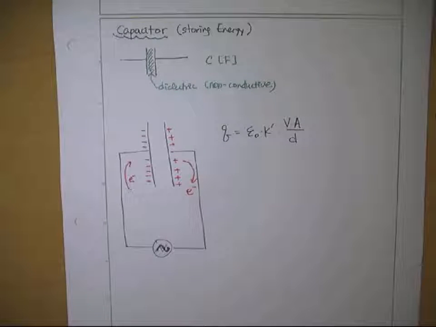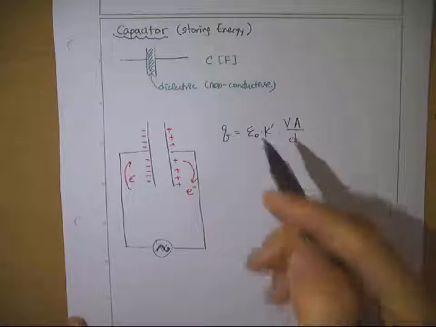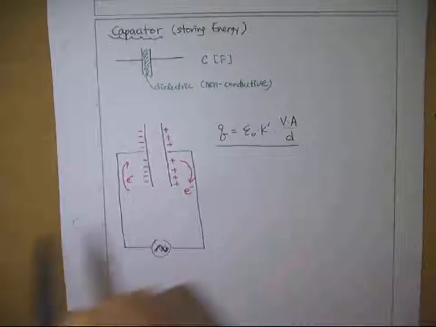So the amount of charge that you can store is proportional to the applied voltage, or the potential difference. And if you have a larger area electrode, then you can also store more charges. And as the distance gets closer, you can store more charges. If the distance increases, then you're losing charges. Right? So that's why you have this equation.